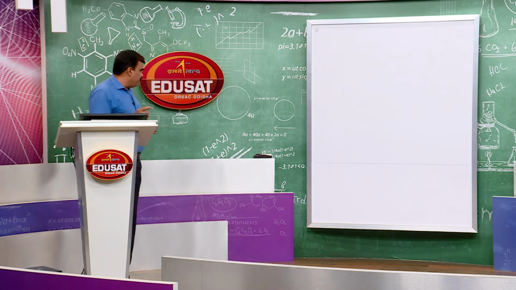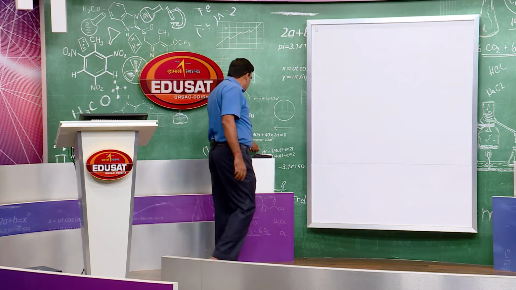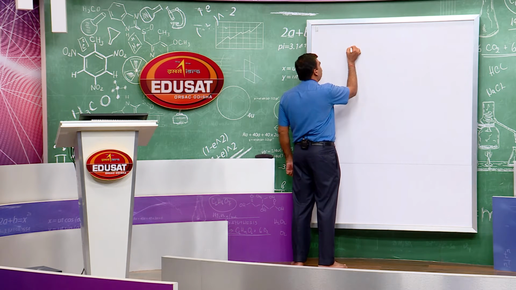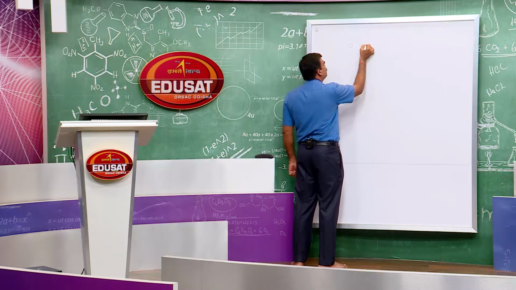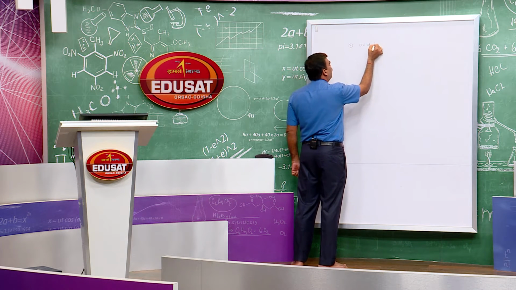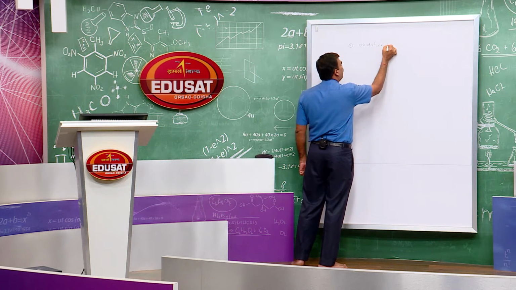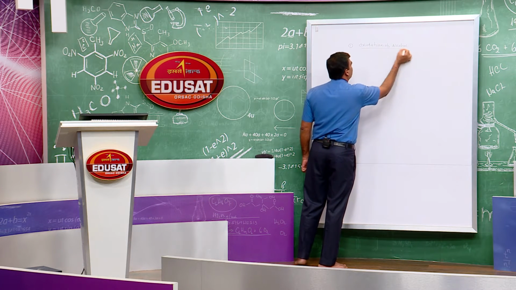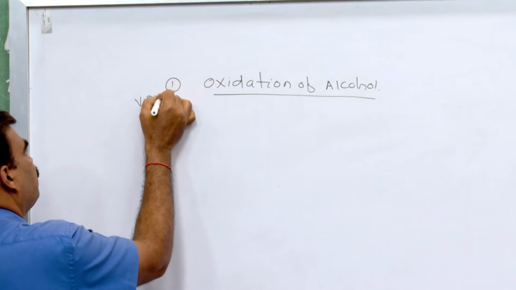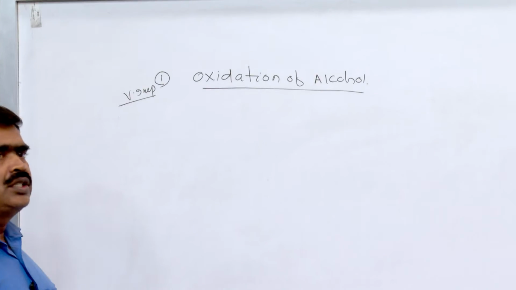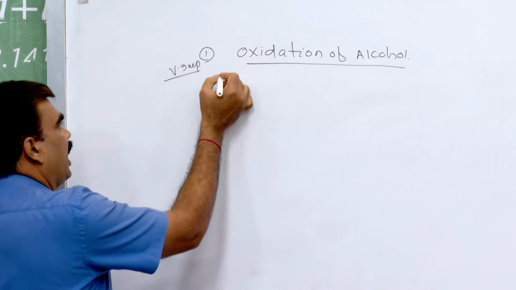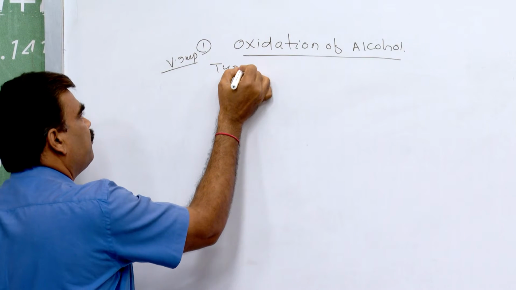So, first method of preparation is your oxidation of alcohols, very important. You know, the oxidation of alcohols are done by two types of oxidizing agents.